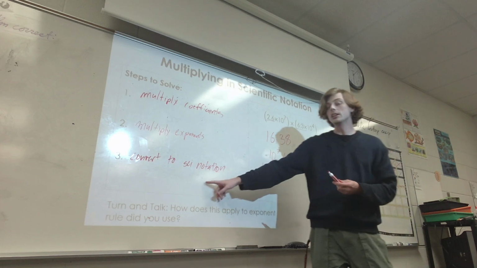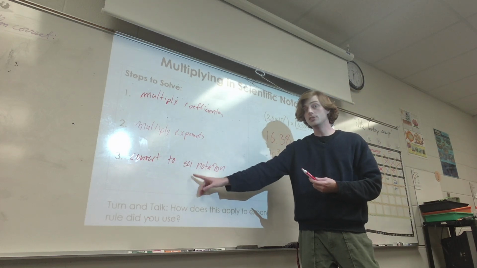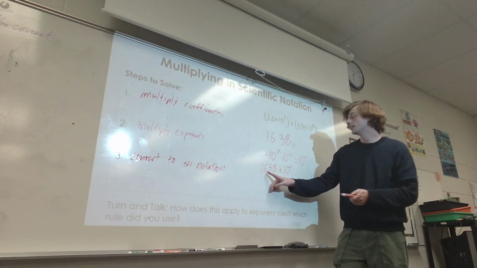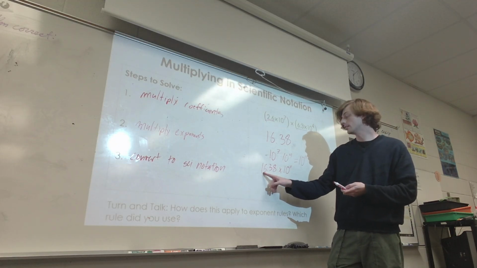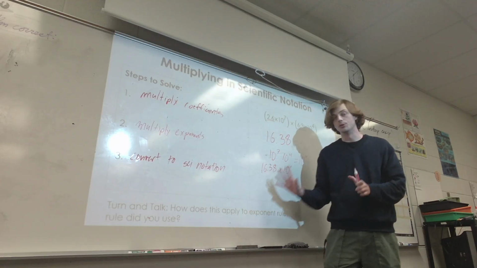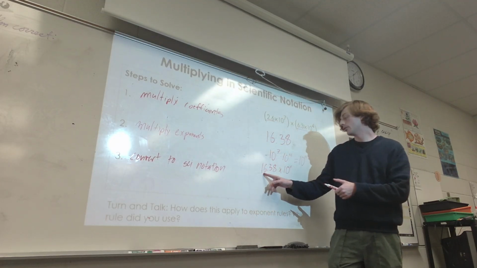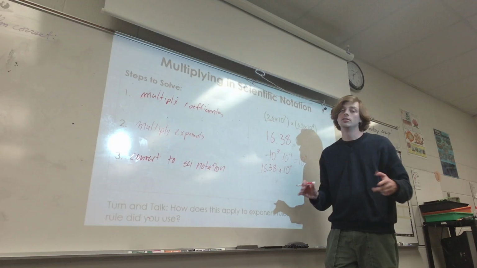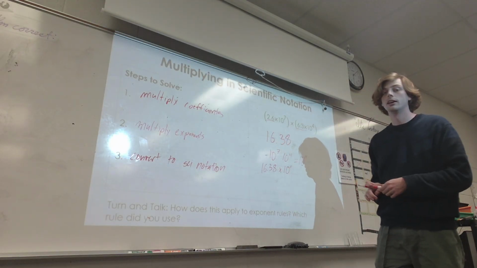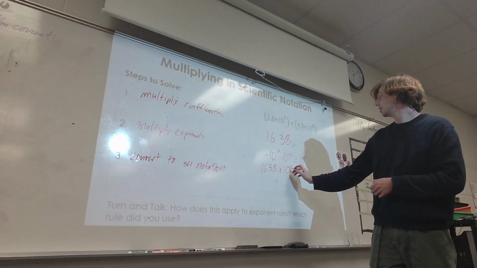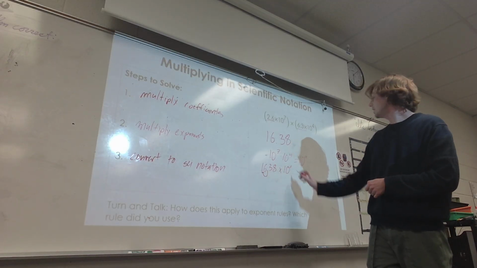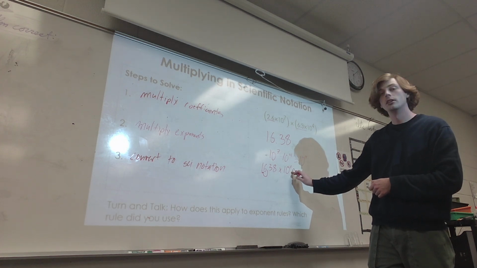Okay, but now we need to look at step three, that is convert into scientific notation. When we're in scientific notation, the decimal should be directly after the first number. There should be exactly one number in front of the decimal, no more and no less. Right now, there's two numbers in front of the decimal, so we have to change that. So for this, we are moving our decimal to the left, which means that this number will increase.